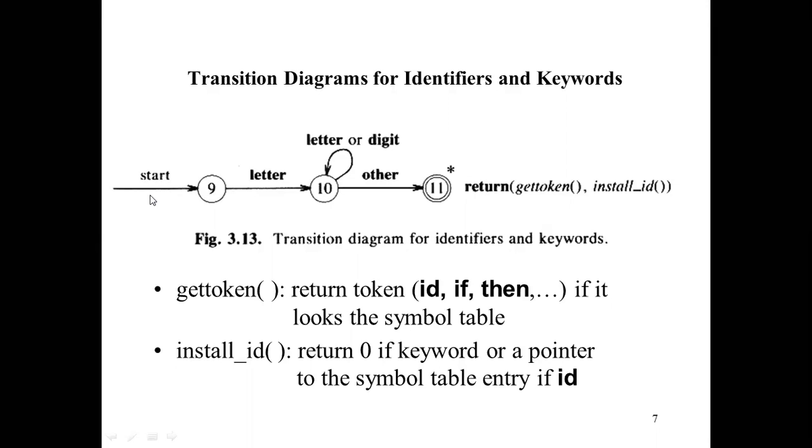Identifier you are already aware. We will start from the letter. If we are going to draw the transition diagram for the identifier, an identifier is nothing but a variable name, and keywords are the special words. You are already aware, and these are the special words which are already defined in the compiler.